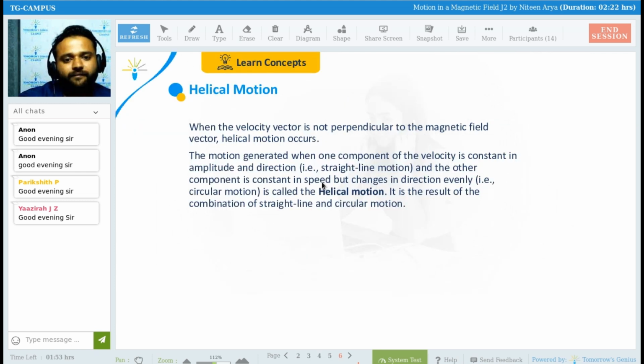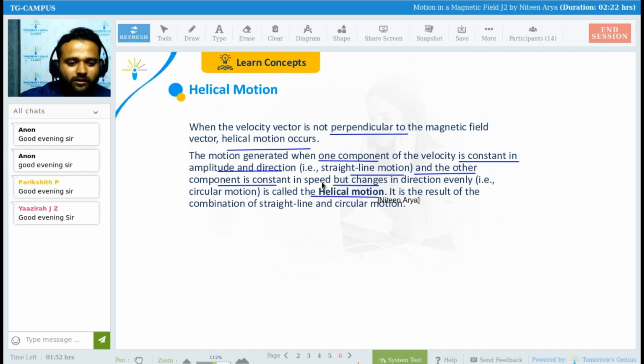Now moving ahead, when the velocity vector is not perpendicular to the magnetic field, helical motion occurs. Clear? The motion generates when one component of the velocity is constant in magnitude and direction, that is straight line motion, and the other is constant in speed but changes its direction evenly, that is circular motion.